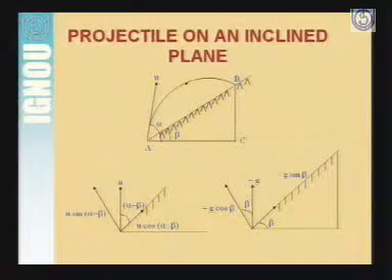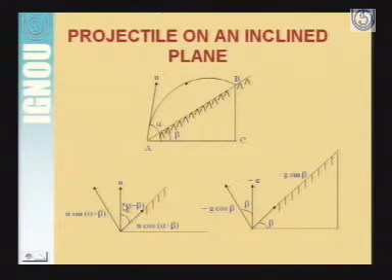Please look at the figure again. Here you see the inclined plane with angle beta, and this angle is alpha minus beta, which I have already explained. So this is the direction of the initial velocity u. We can resolve this velocity vector into two directions, one along the inclined plane and the other perpendicular to the inclined plane.